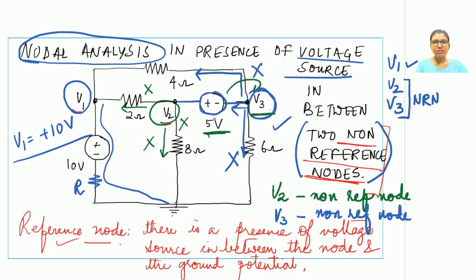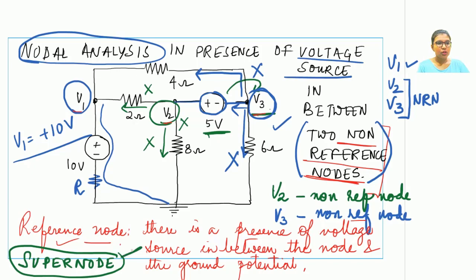So when you have a situation like this, how do we carry out the nodal analysis? This particular situation or condition is called a supernode condition. I'm writing it over here. It's called the supernode condition.